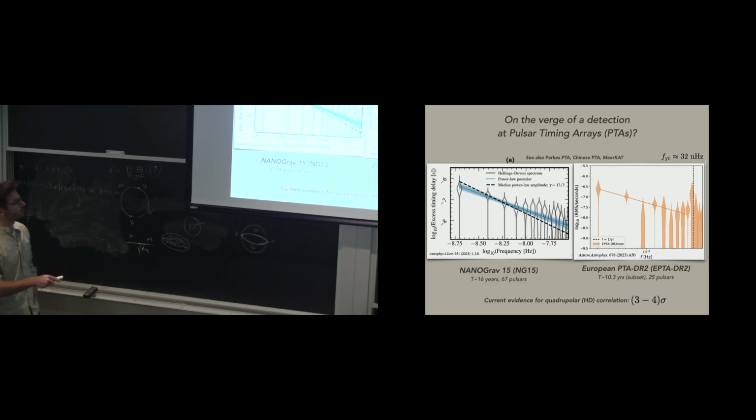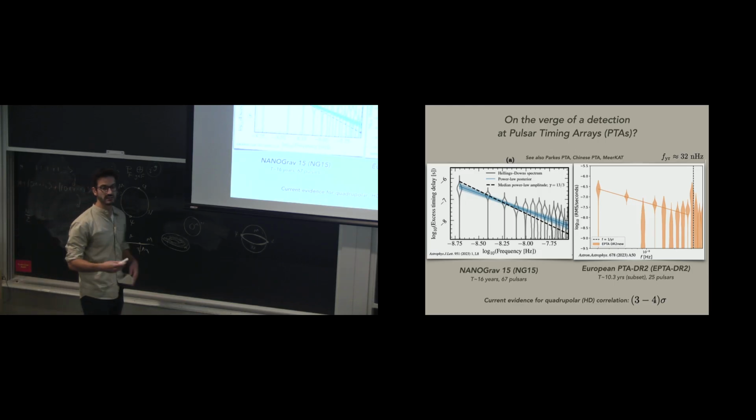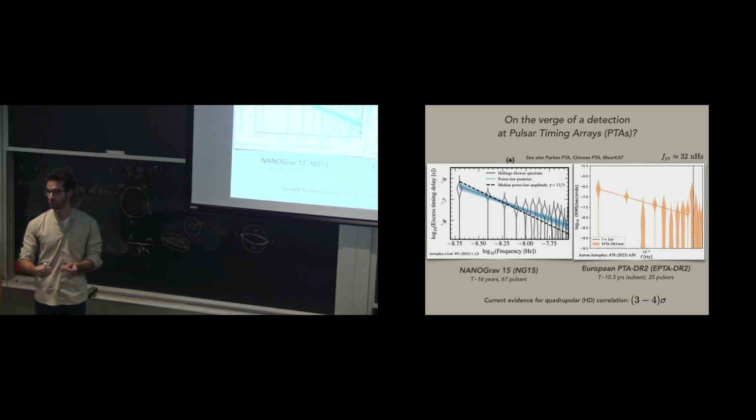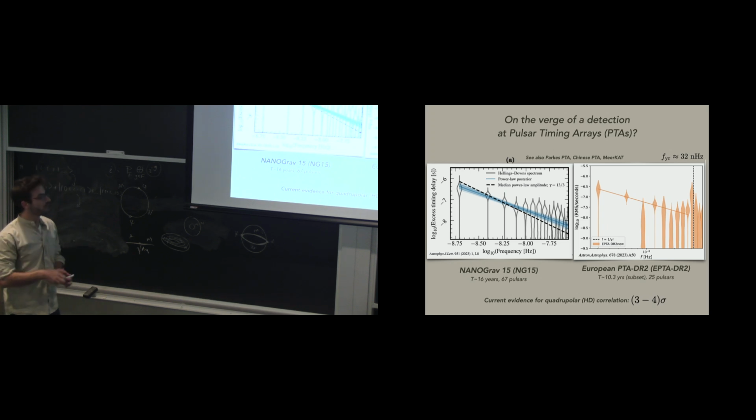The plot that I'm not showing is the evidence that these collaborations currently have that this common process is actually due to gravitational waves. This is not enough to claim evidence for gravitational waves. You also need to detect the particular pattern of correlations of gravitational waves, commonly referred to as Hellings-Downs.